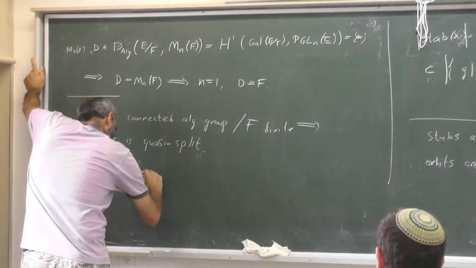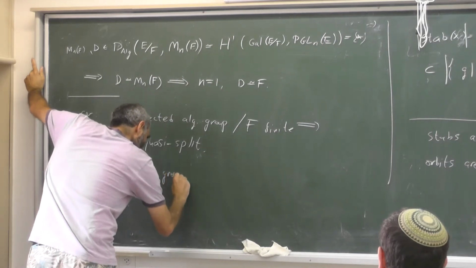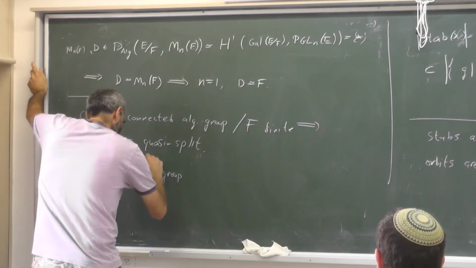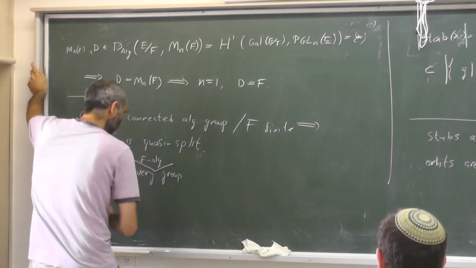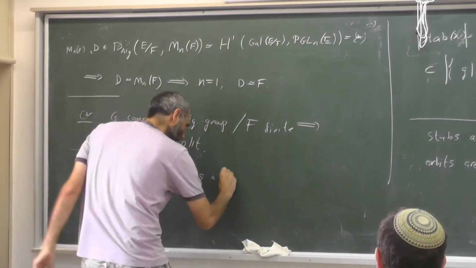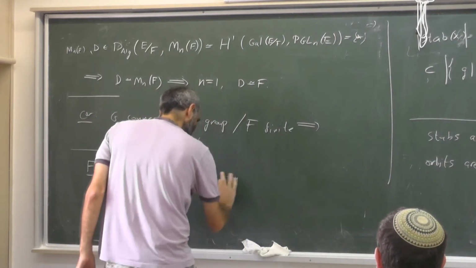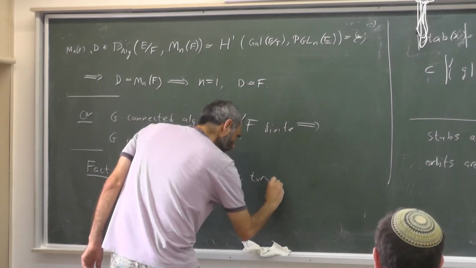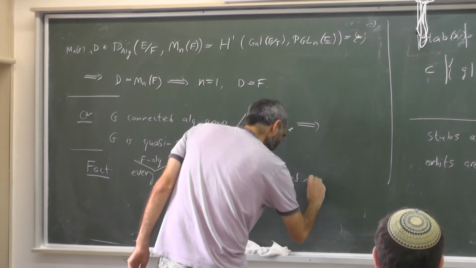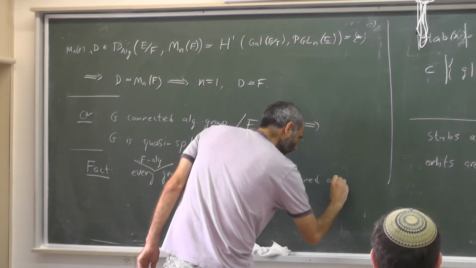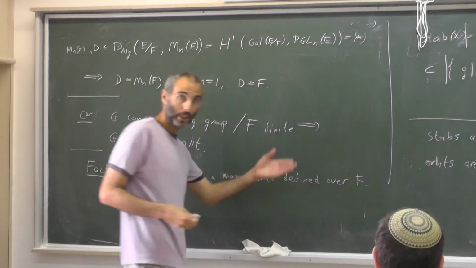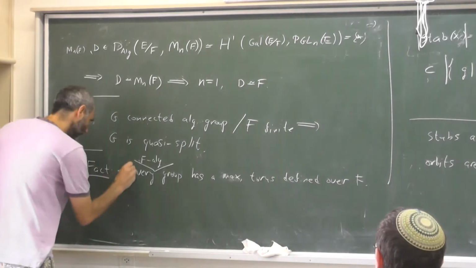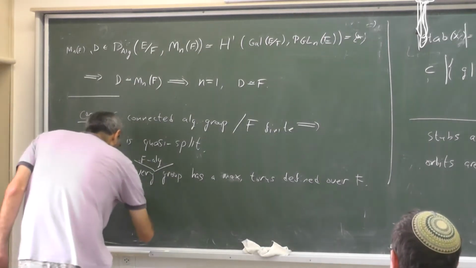Every F algebraic group has a torus, the maximal torus, defined over F. It may be split, maybe not, I don't know.